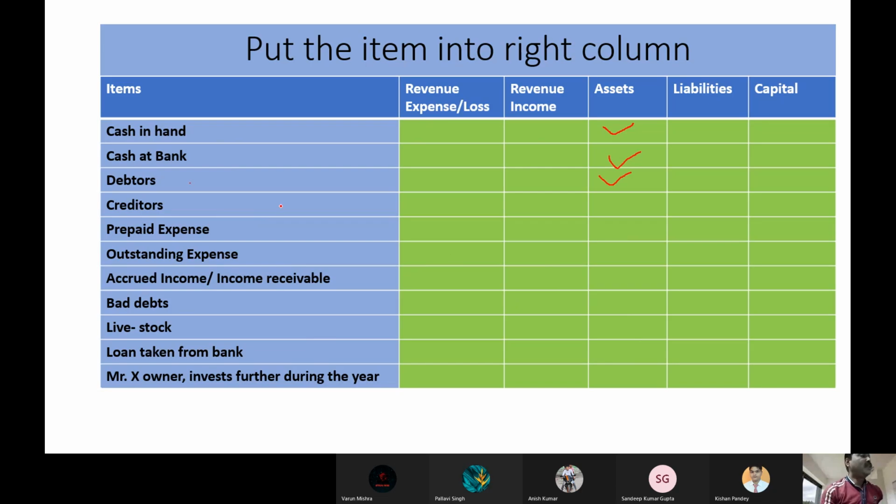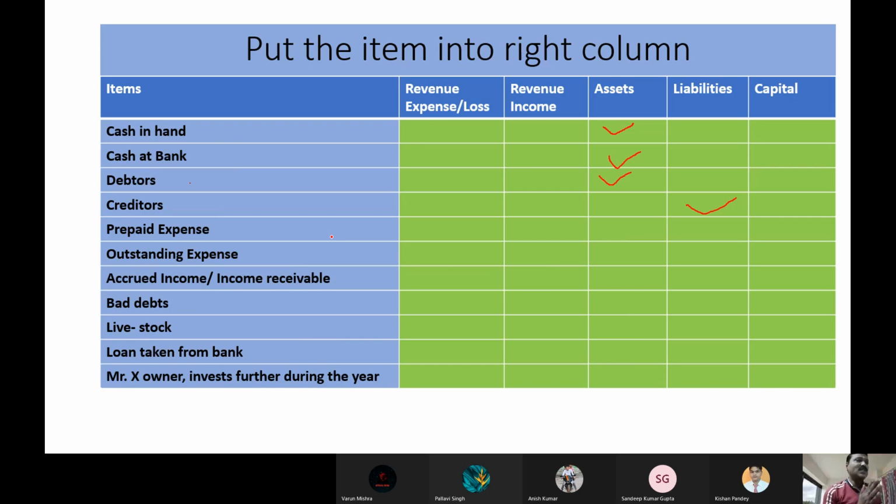Now creditor. When we purchase goods from a supplier on credit, the supplier will be known as a creditor and the creditor will be termed as a liability. Okay. Now prepaid expenses. Prepaid expenses refers to those expenses which we have paid in advance. This is also a kind of debtor because we have paid in advance, meaning the amount is due from others. We have to take the service or money back from the person at some time in the future.